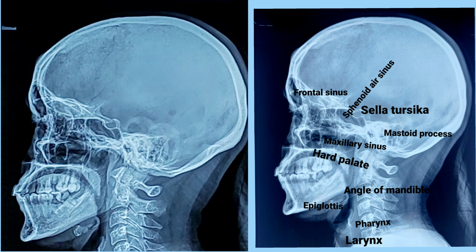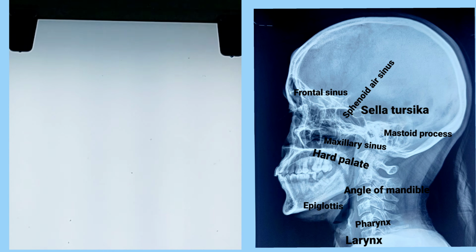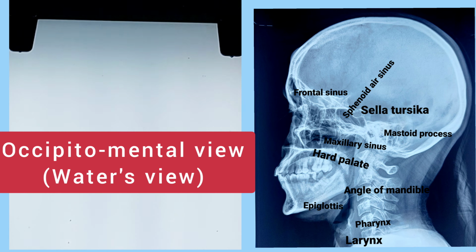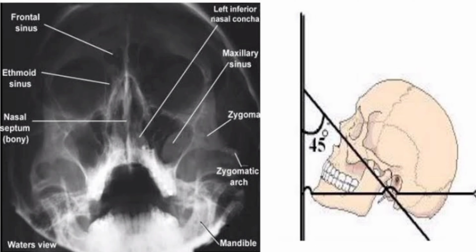I will show you paranasal air sinuses in another view, and that view is the occipitomental view or called Waters view. You see here, first of all, I told you it is an occipitomental view or Waters view.